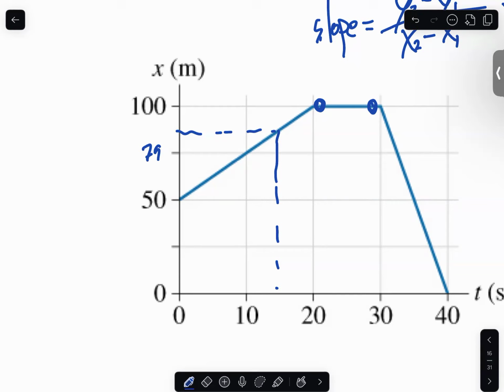Again, the question is, at time t equals 15 seconds, what is the velocity?